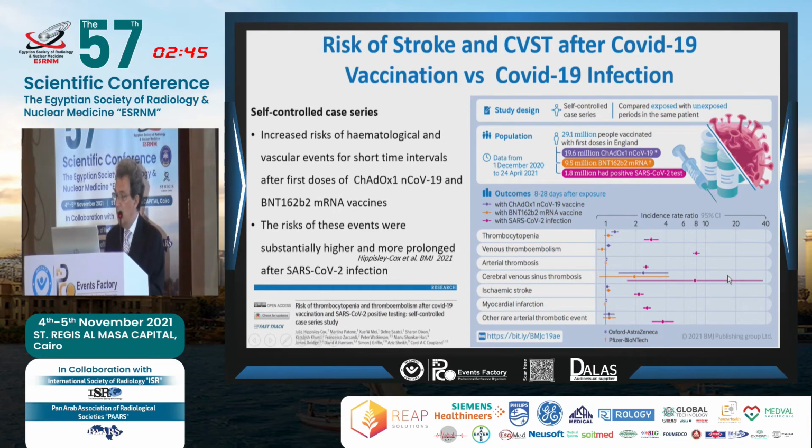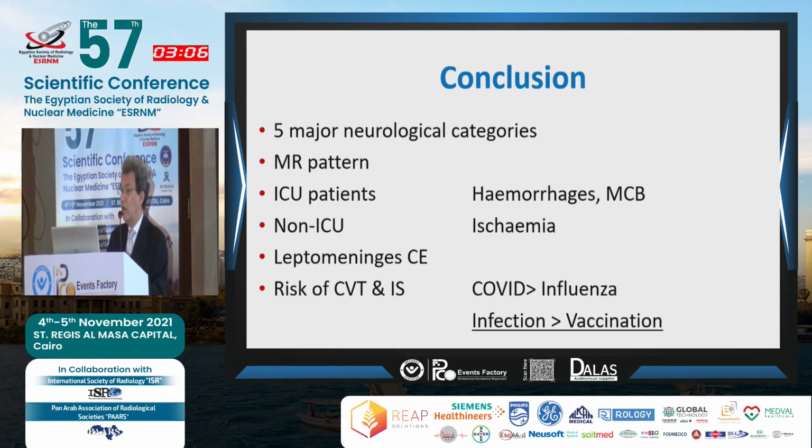This color is much more than the other colors on this side. So the incidence ratio is much higher. There's no doubt that vaccination leads less frequently to infarction or venous thrombosis than does COVID itself.